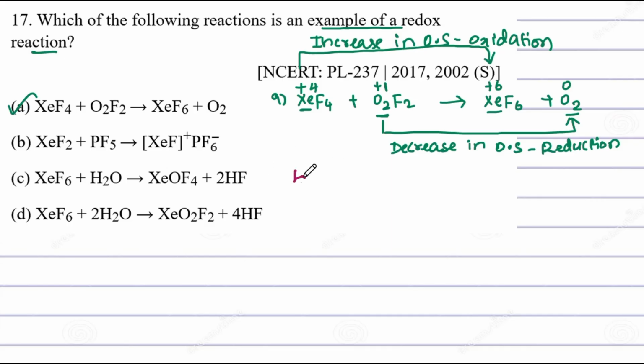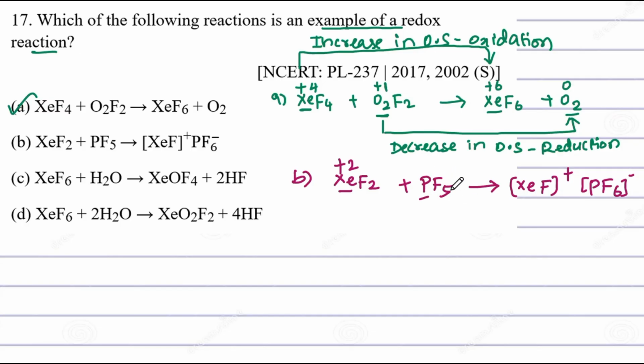Let us see the other options also. XeF2 plus PF5 gives XeF plus PF6 minus. Here the oxidation state of xenon will be +2. Then for phosphorus, 5 fluorine atoms are there, so 5 negative charges, so for phosphorus it is +5. Then going to the products, you have to see the two ions separately.